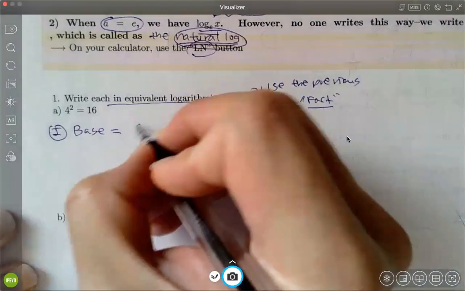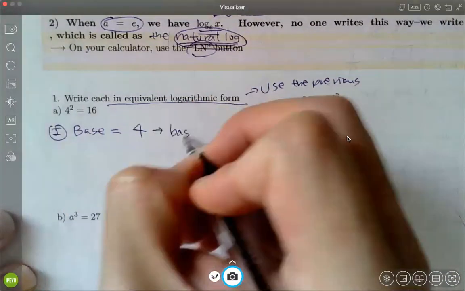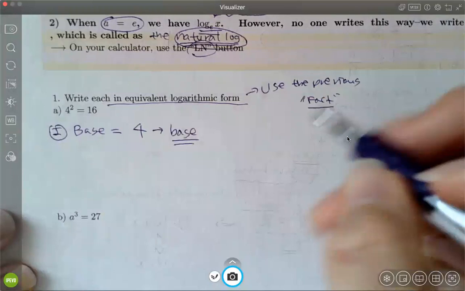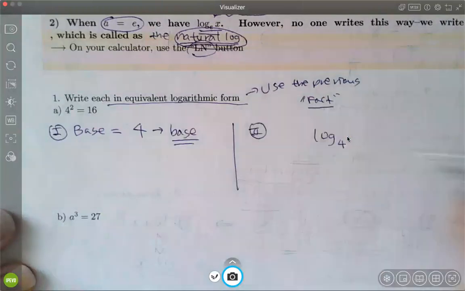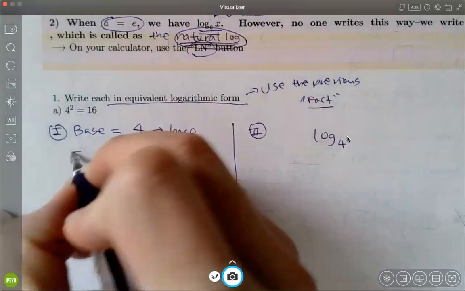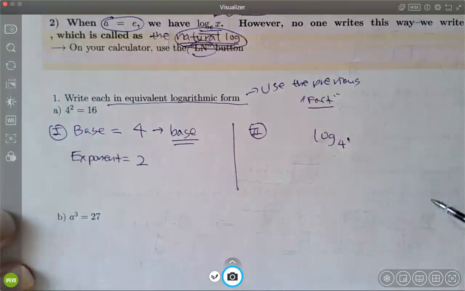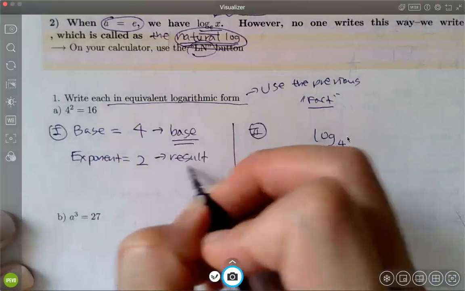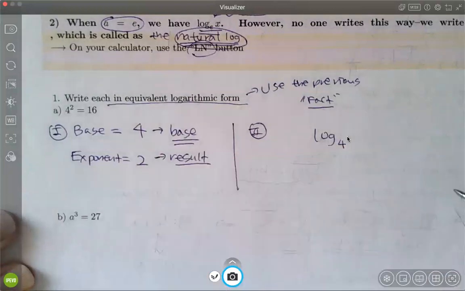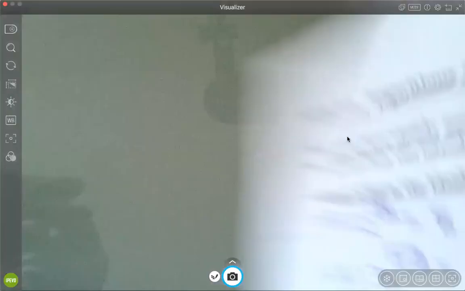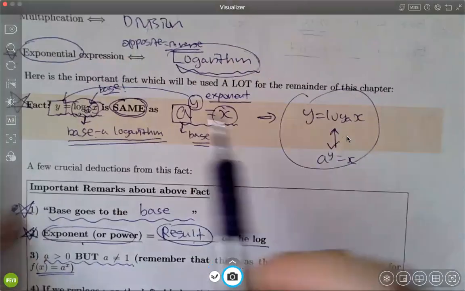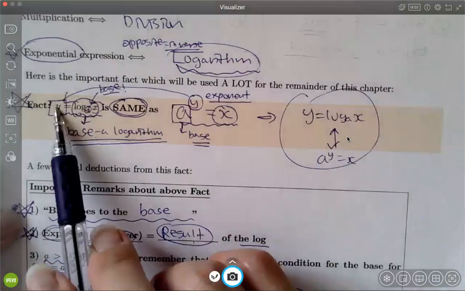Remember, base always goes to the base, so we have log sub 4, right? Now, what is the exponent here? The exponent is 2, right? And remember, the exponent becomes the result of the log. And the result is always written after the equal sign, right?